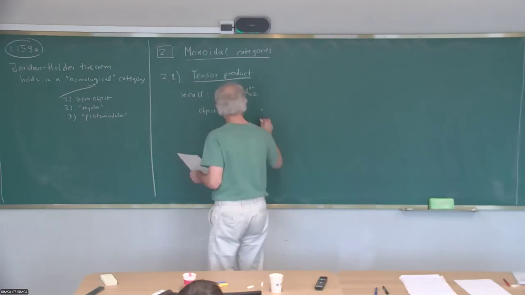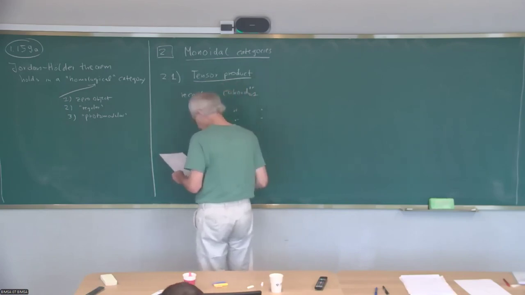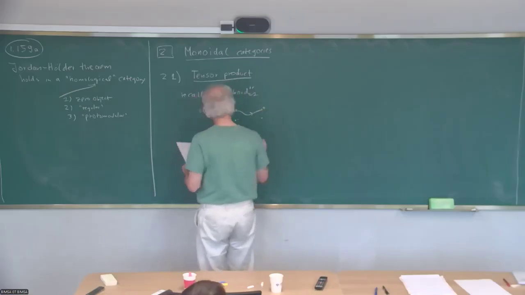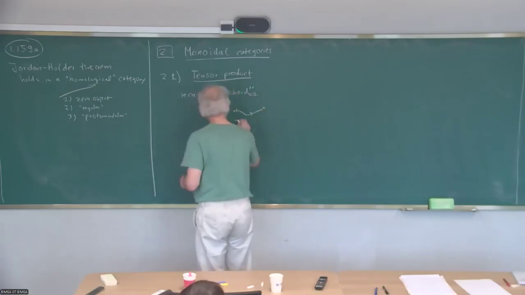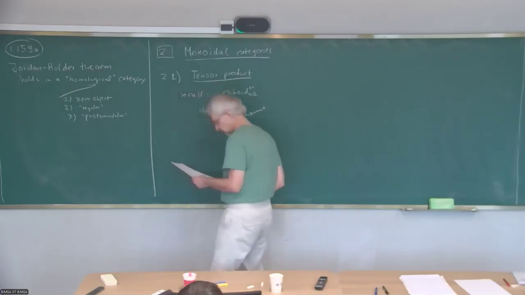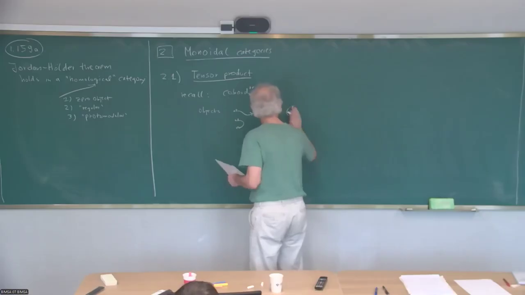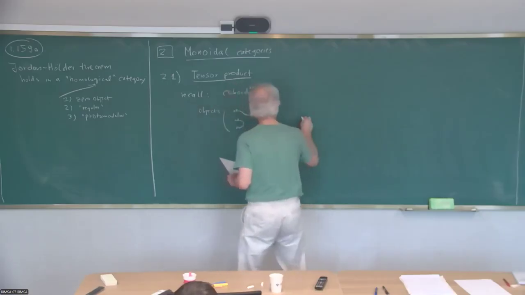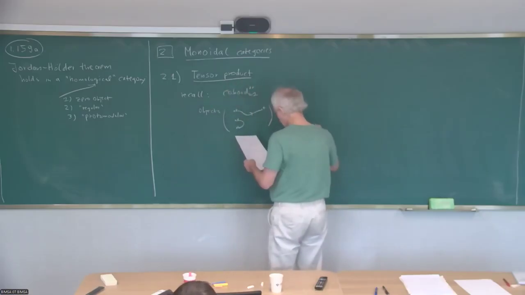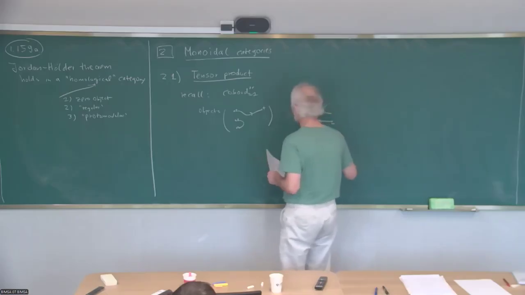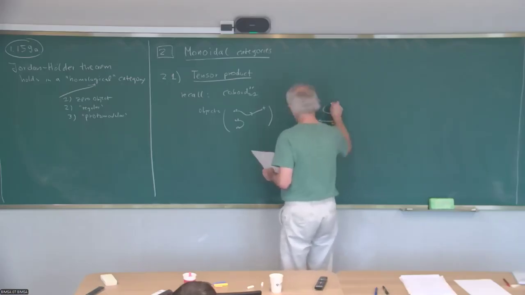And morphisms are arrows between such configurations. And one possibility would be an arrow here from plus to plus. And maybe one from plus to minus. And then you could take a different one, just to remind you of the conventions, minus, minus, and say, well, from minus to plus here.